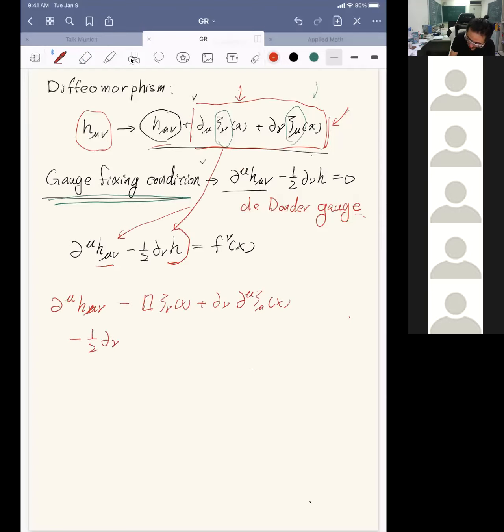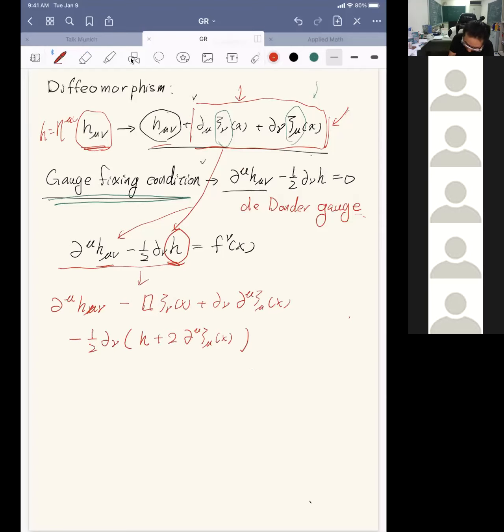Here h is eta mu nu contracted with h mu nu, so acting on my h I get plus 2 times partial mu xi mu of x. Okay, so this is how this condition transforms.